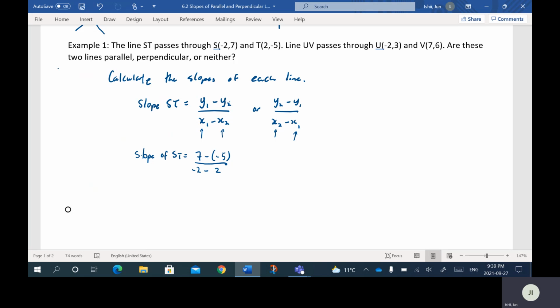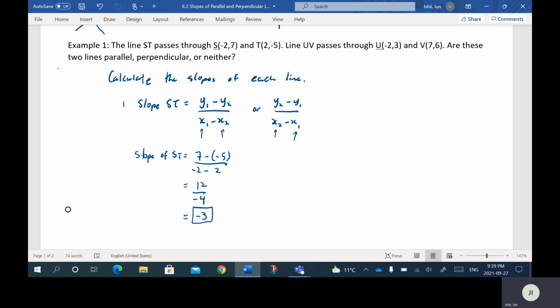So if I plug S and T into the slope formula, I have 7 minus negative 5 over negative 2 minus 2. Two negatives make a positive, so this is the same as 7 plus 5, which is 12. On the bottom, I have negative 2 minus 2, which is negative 4. And 12 divided by negative 4 is negative 3. So the slope of ST is going to equal negative 3.